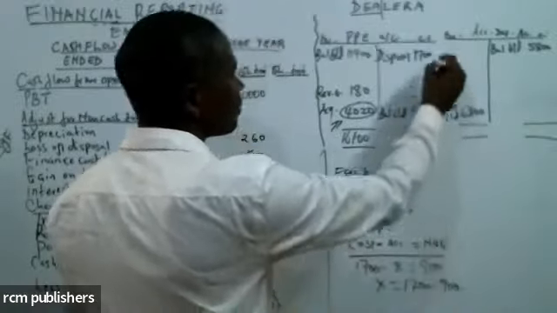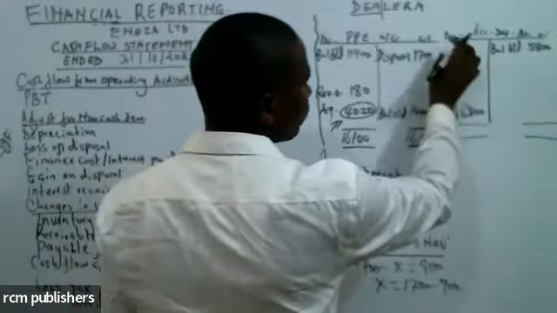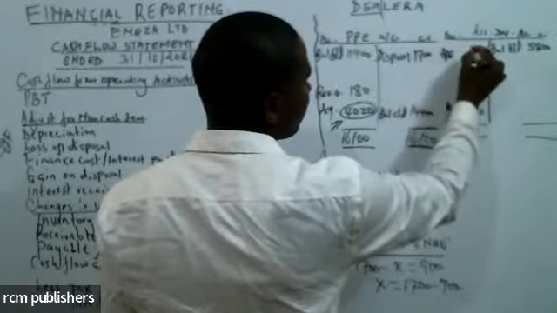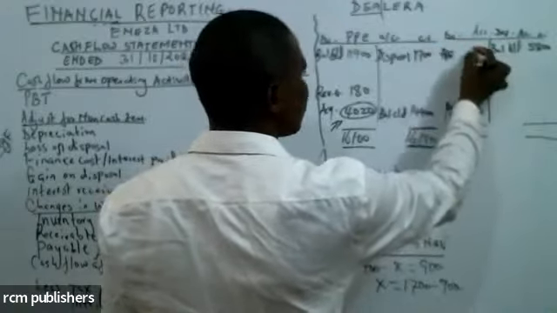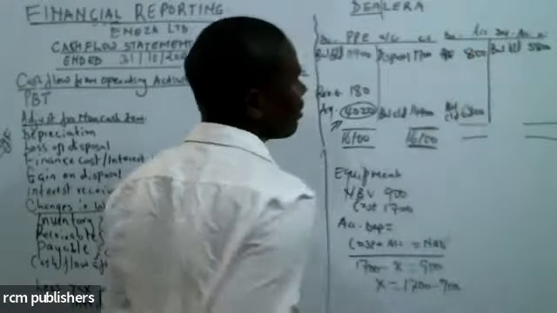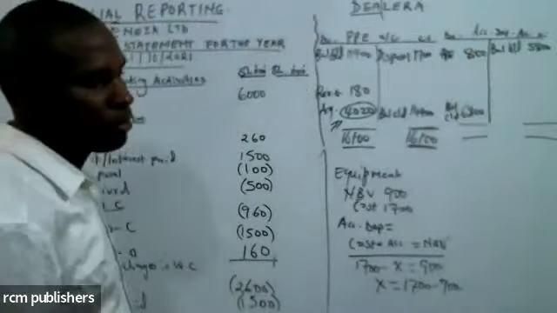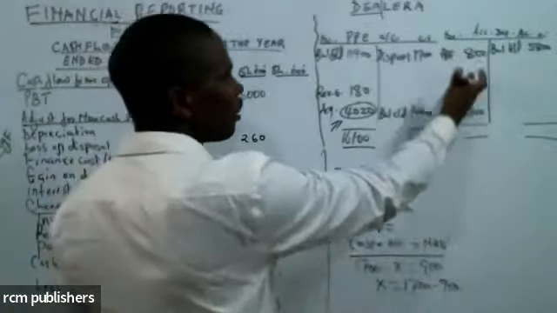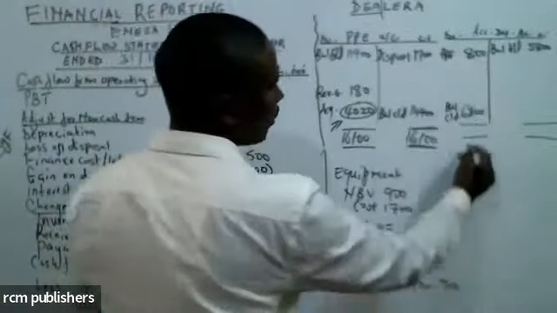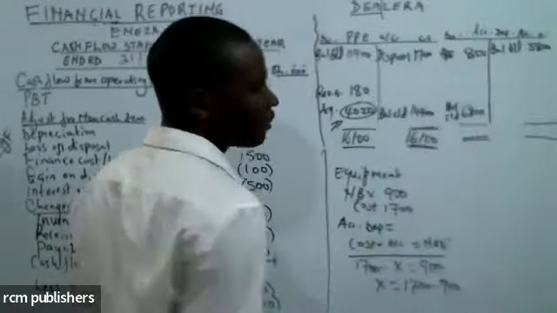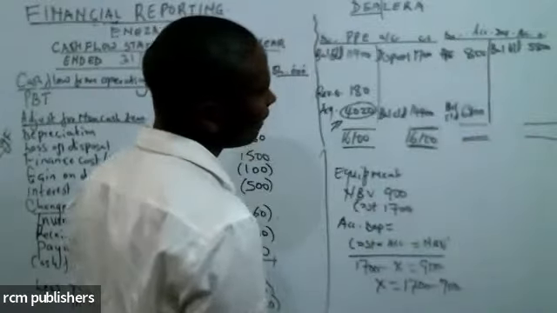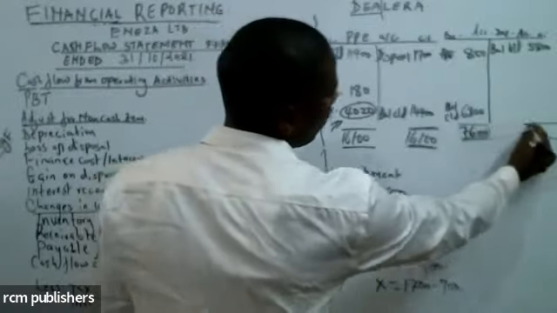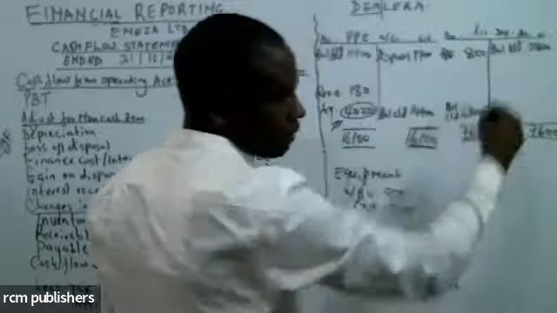Now, this accumulated depreciation will be on this side, and where is it from? It is from the PPE, from the equipment, that is 800. Now, please balance my account so that we get depreciation. This side has more. It will be 7,600, if I'm not wrong.